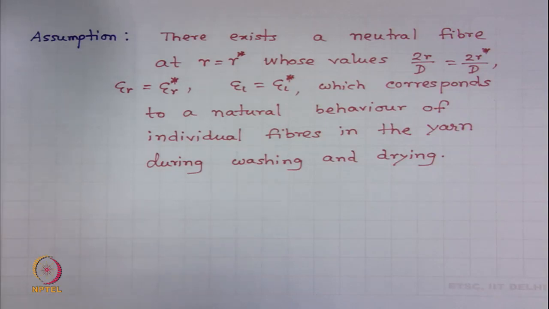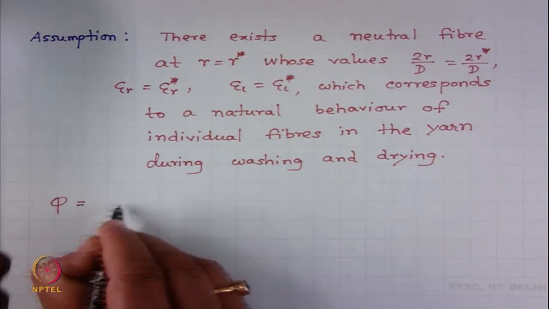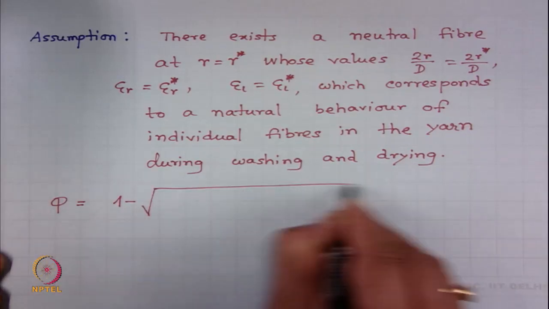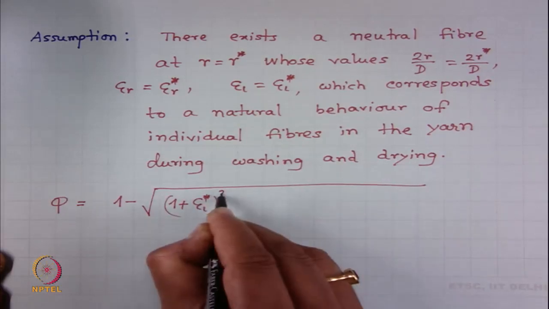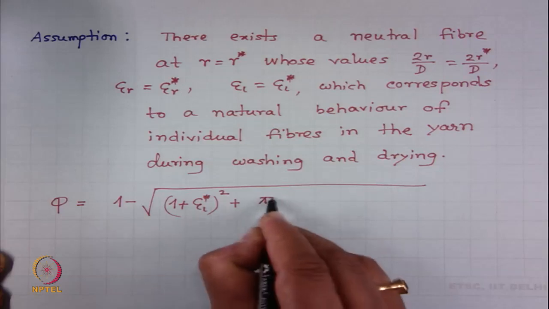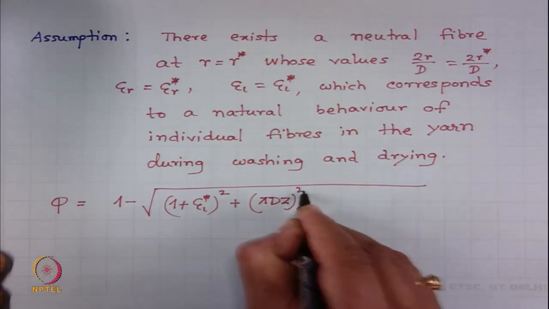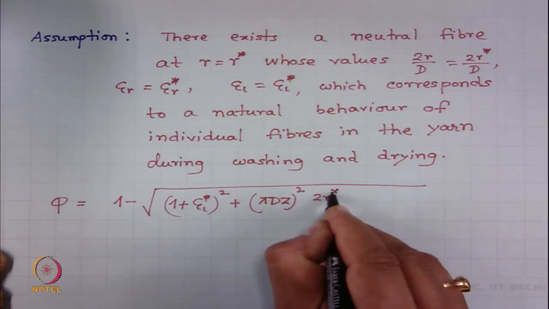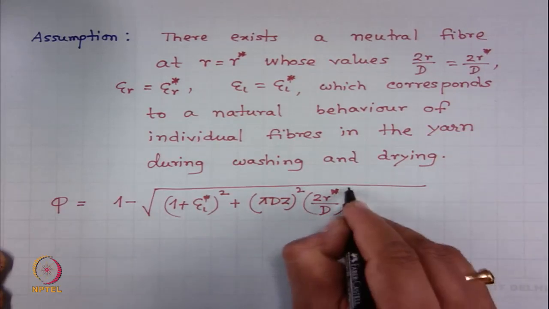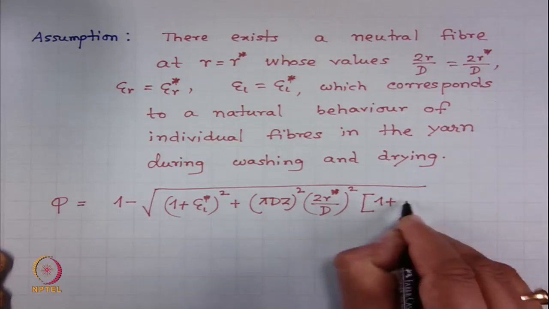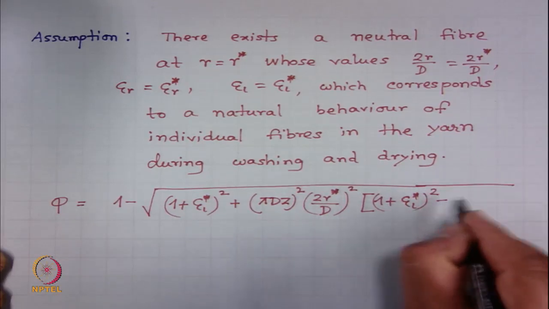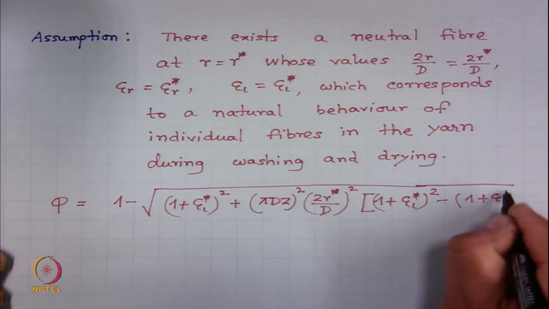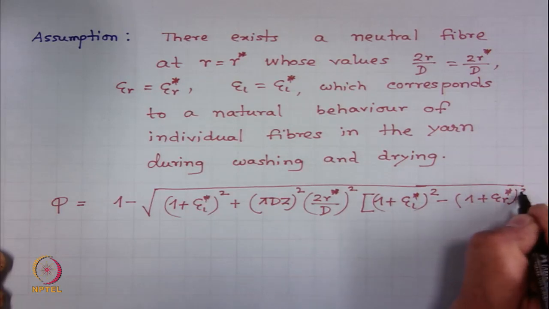Then we are able to write, is equal to 1 minus E L star squared plus pi d z kappa square 2 r star by d square, 1 plus star squared minus 1 plus epsilon naught star square.